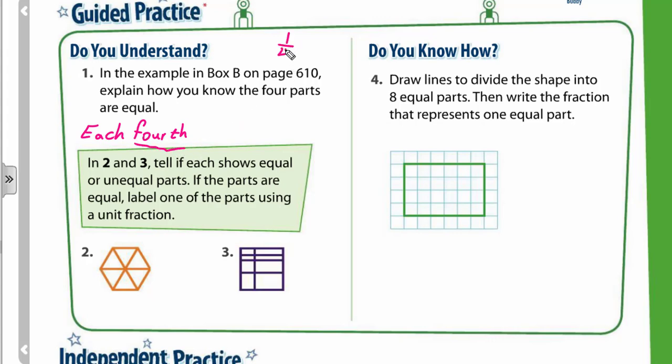Each fourth is made up of how many squares? 3 squares. So each one is made up of 3 units.